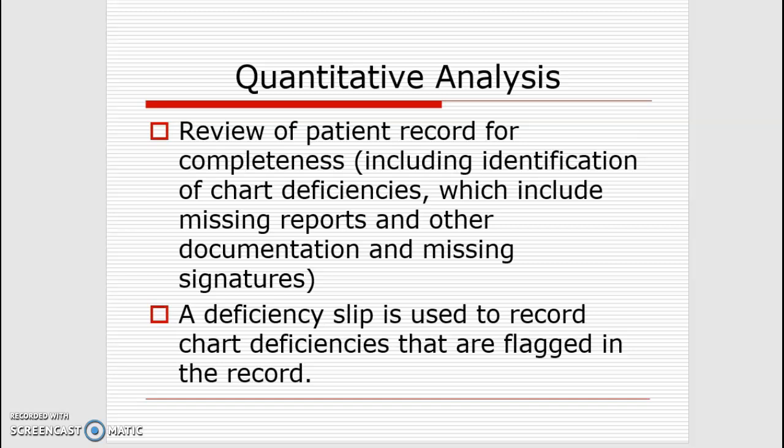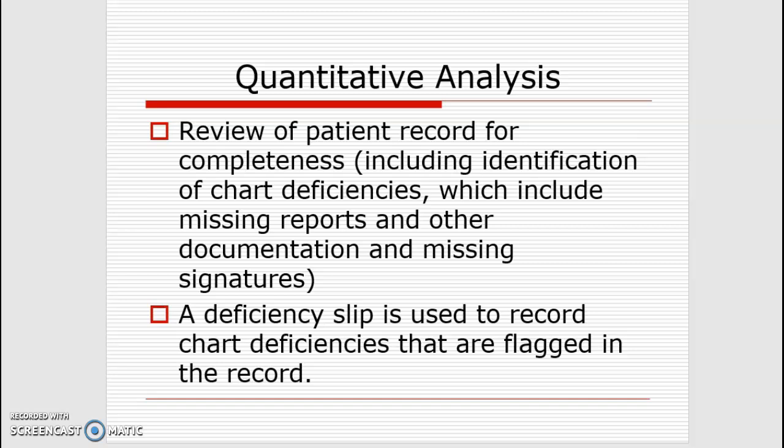So basically what we're covering here is quantitative and qualitative analysis. Quantitative analysis, I always like to tell students, is the quantity. What is being analyzed? You're reviewing the quantity, so you're looking for completeness. So you're looking for deficiencies. Is there a progress note? Should there be a progress note?